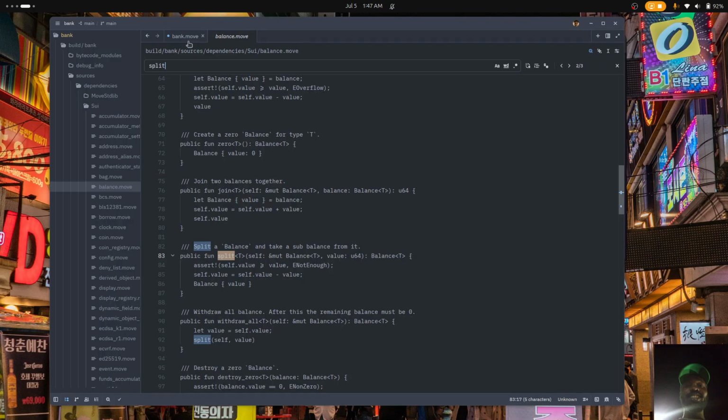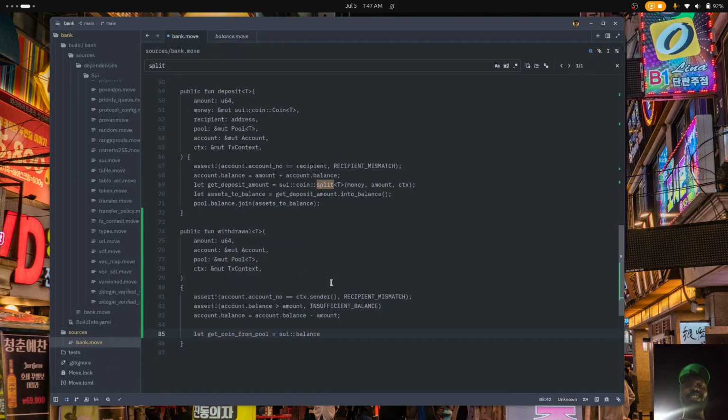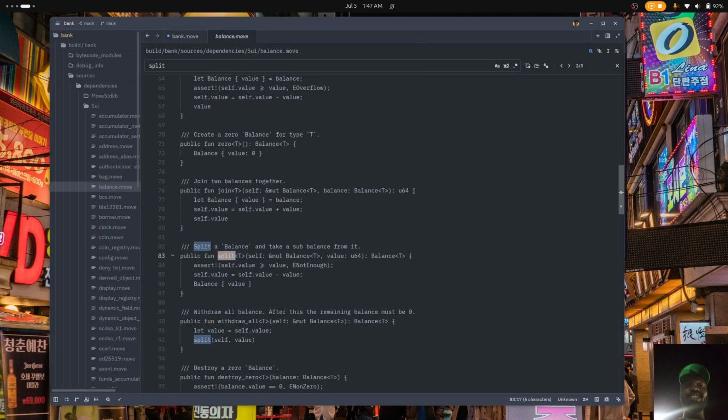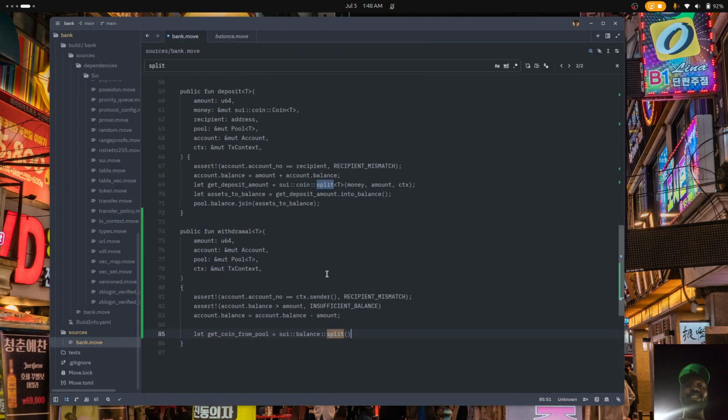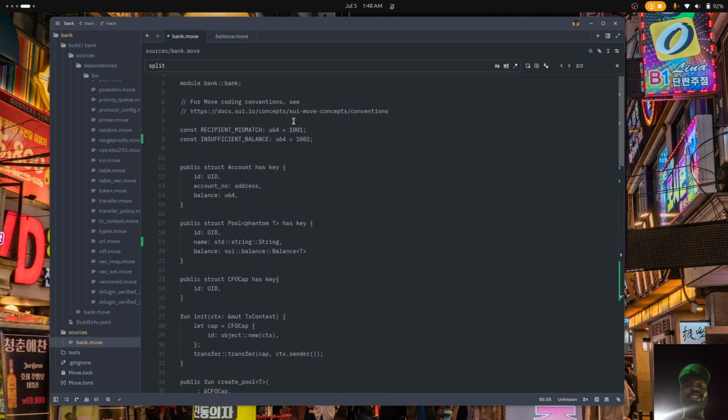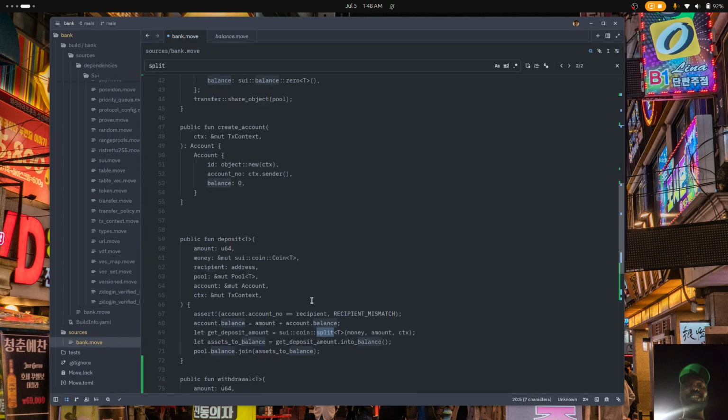So balance of times split. Split takes in the balance itself and the value. So we're going to pass in pool dot balance of the pool.